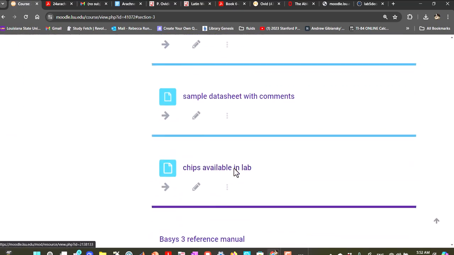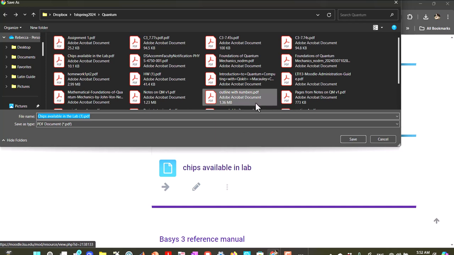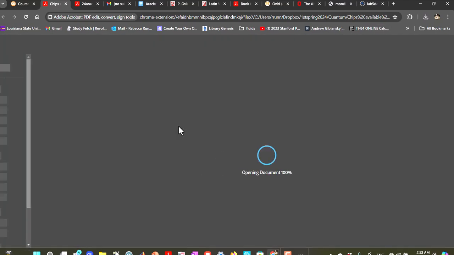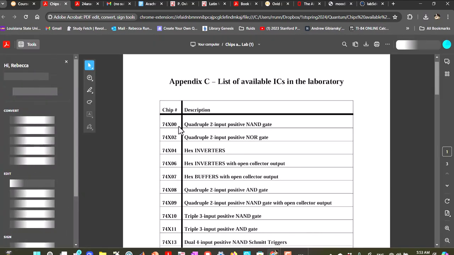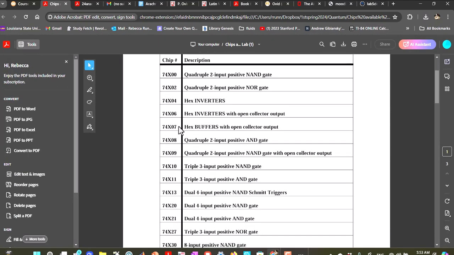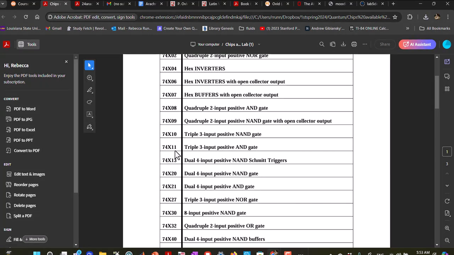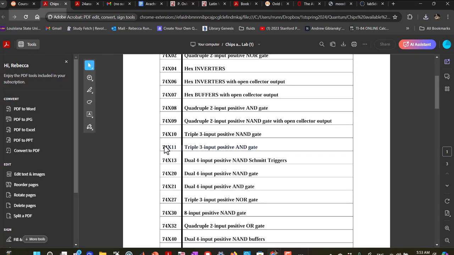Right here. So I already got the inverter. You also have a 74X11, the triple 3-input AND gate.